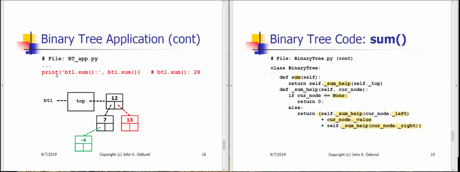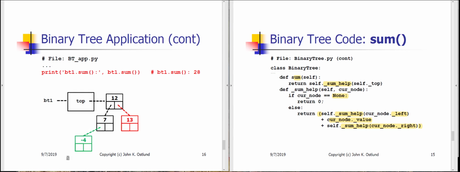Here is an example on slide 16. We're looking at BT1, which still contains 12 with left and right children of 7 and 13, and 7 in turn has a left child of -4. The sum is therefore going to be the sum of the left plus 12 plus the sum of the right. Well, the sum of the left is the sum of the left plus 7 plus the sum of the right. The sum of the left here is just -4.